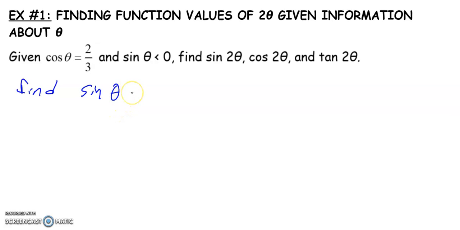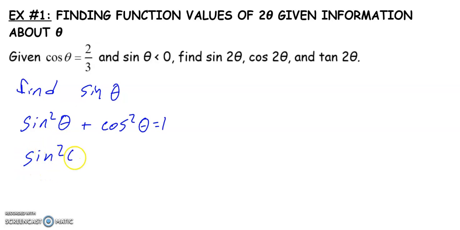But what I am going to do is use one of my identities, because that's what this unit is about. The sine squared of theta plus the cosine squared of theta equals 1. We know what cosine is, so I can plug in 2/3, which I will square, and that's going to equal 1.